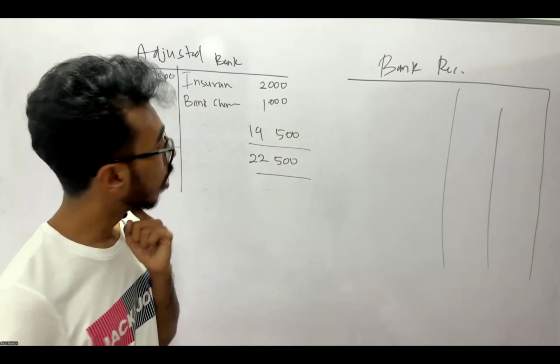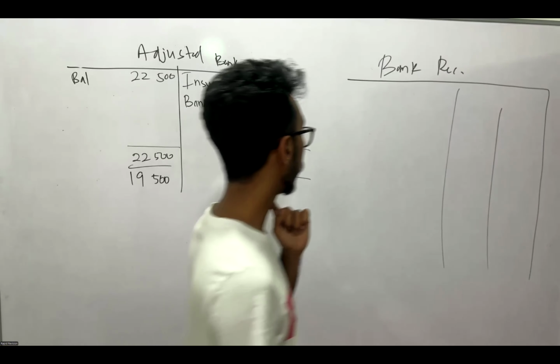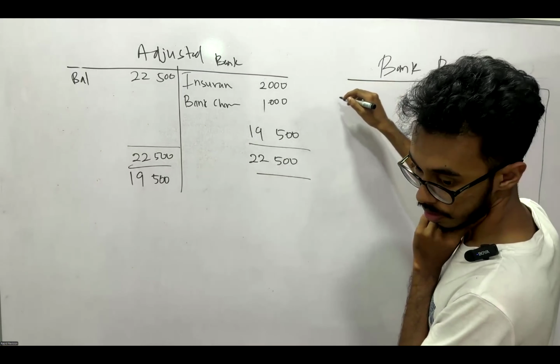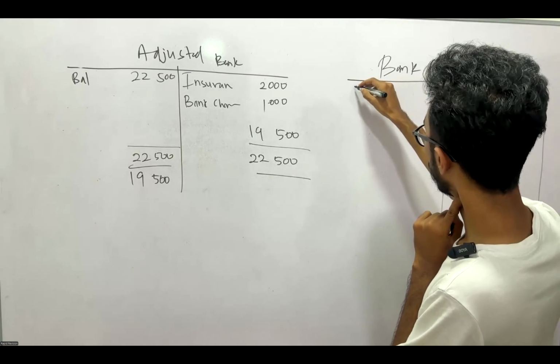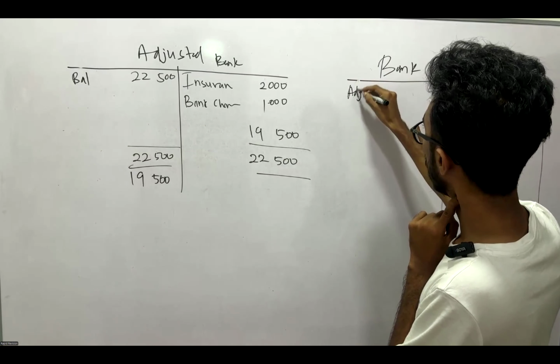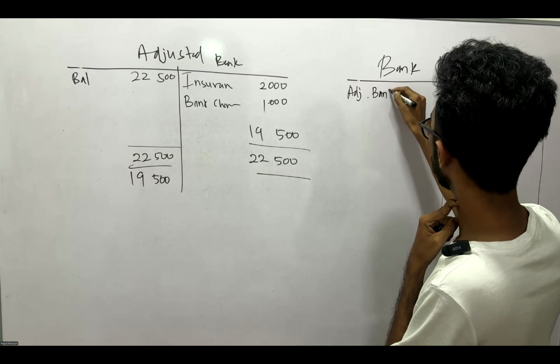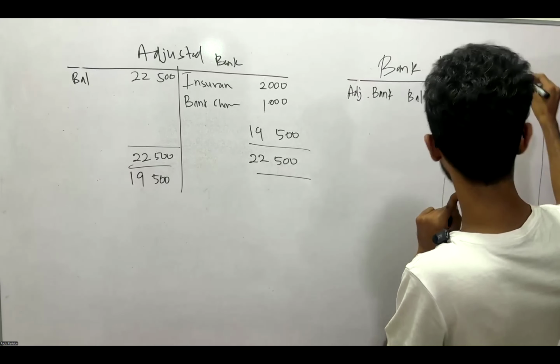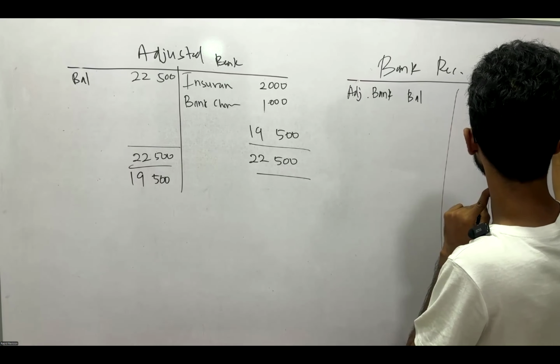Okay. And then this 19,500 has to be taken here as adjusted bank balance, that is 19,500.